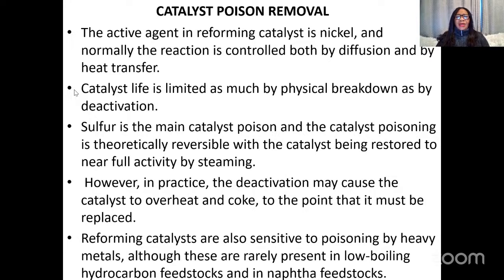At the final stage, after reactivating, you may end up having to replace a particular catalyst. So reforming catalysts are also very sensitive to poisoning by heavy metals. So it's sulfur that can poison the catalyst. Heavy metals also can poison the catalyst, although much more rarely in low boiling hydrocarbon feedstocks and in naphtha feedstock.